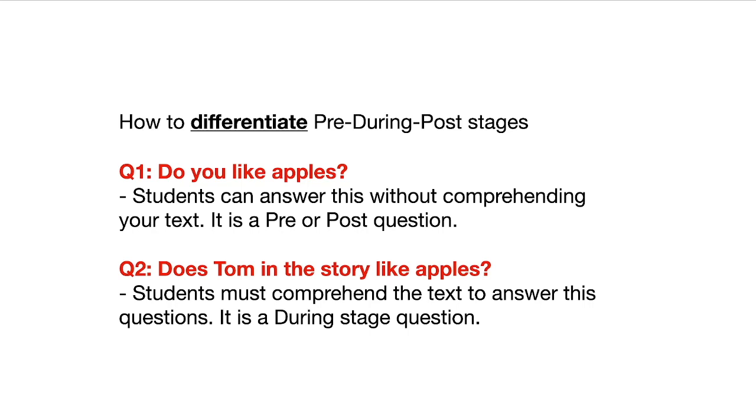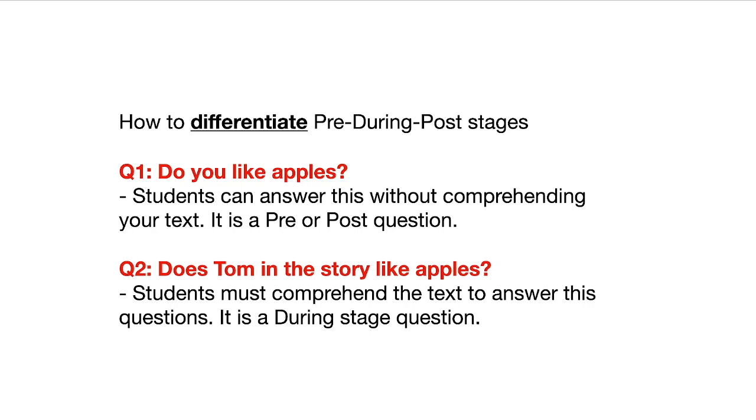Now look at question 2. Does Tom in the story like apples? In order to answer this question, students must comprehend the text. The answer to this question is in the text. So that means this is a during stage question.